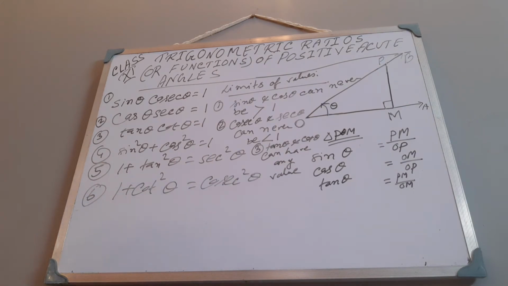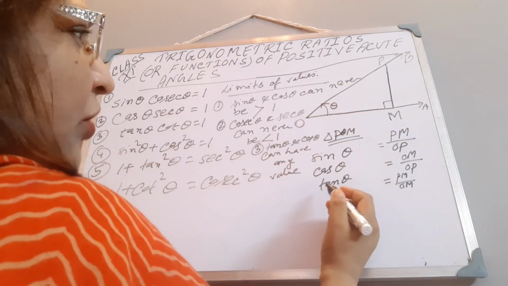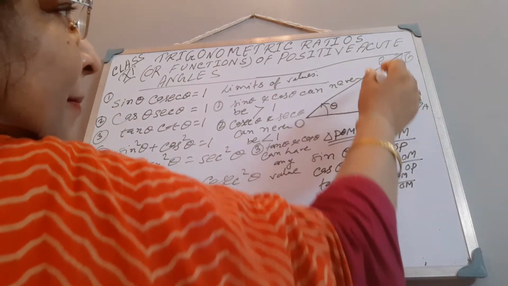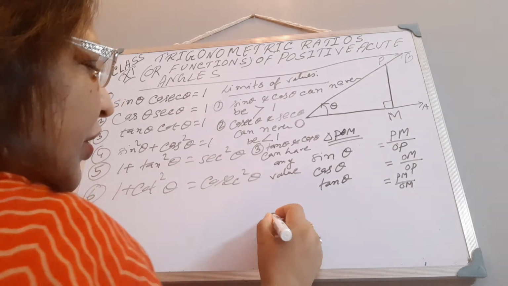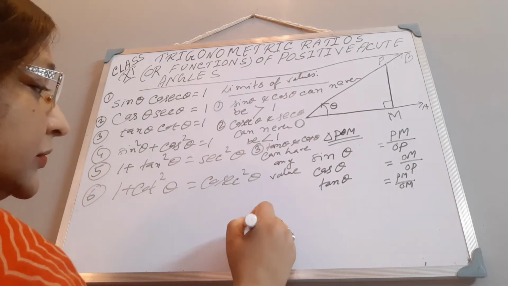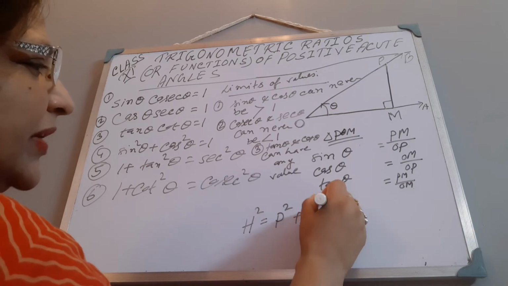First point is sin theta and cos theta can never be greater than 1. Why not? Because sin theta is equal to PM, that is perpendicular by the hypotenuse, and cos theta is again OM by OP. Both denominator parts are hypotenuse, and we know hypotenuse square is equal to perpendicular square plus base square.